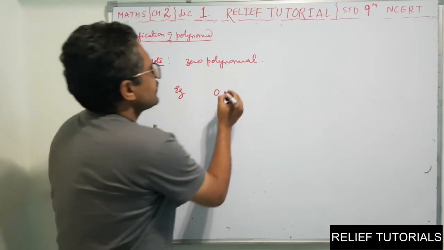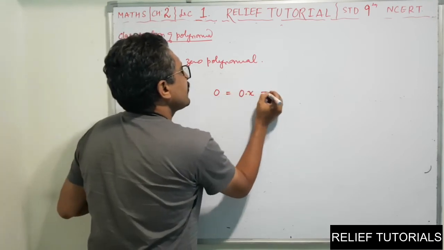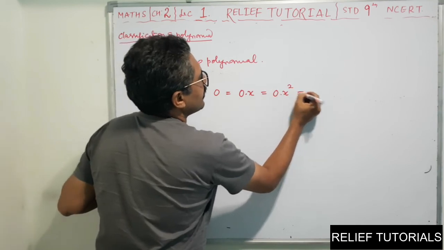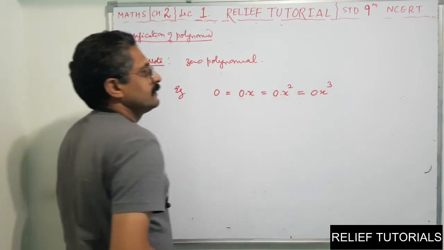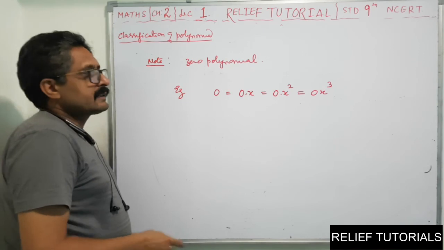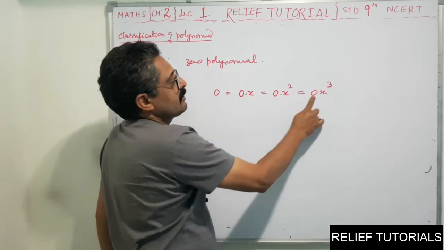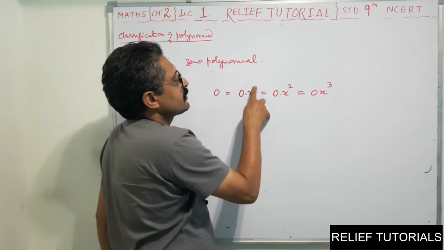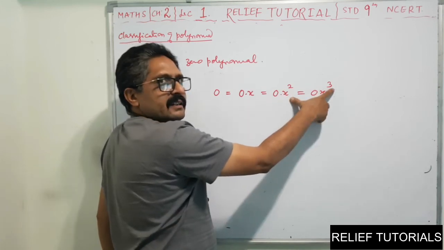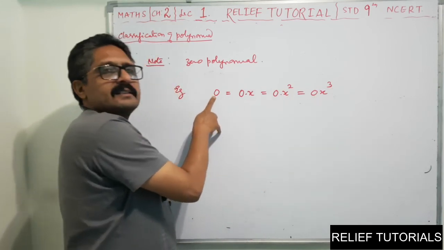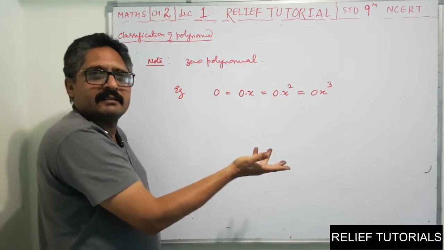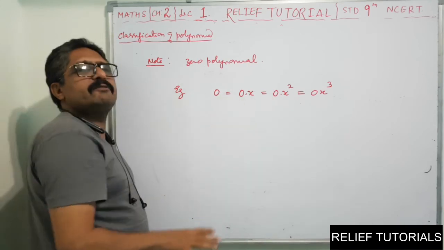Why? Because I can write 0 equals 0 into x, I can write 0 into x squared, I can write 0 into x cubed. In all cases, 0 into x is 0, 0 into x squared is 0, 0 into x cubed is 0. Here the power is 1, here 2, here 3, but finally the answer is 0, whatever the power may be. So its degree is not defined.